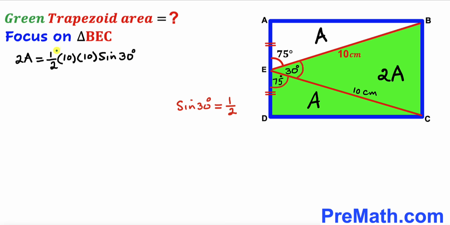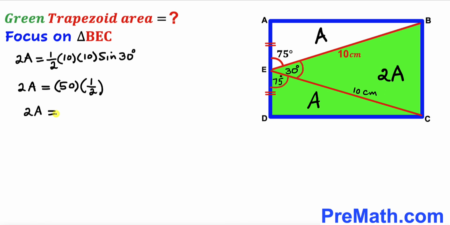If we multiply and simplify this part, that gives us 50. So we could write 2 times uppercase A equals 50 times 1 divided by 2, so 2 times uppercase A equals 25.